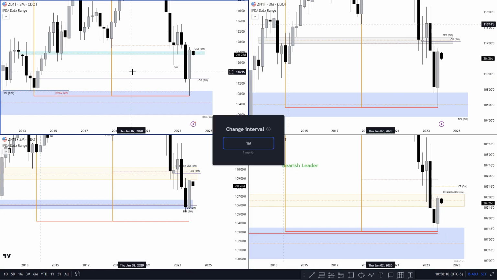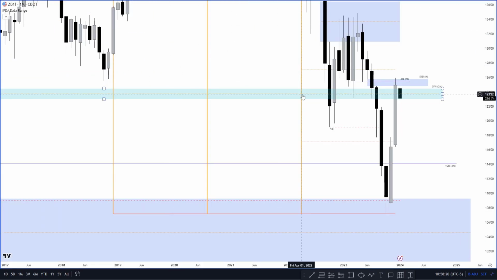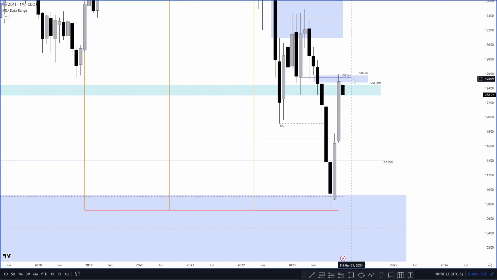Moving into the monthly chart, we can isolate the 30-year bonds and notice the converging monthly bearish order block here and monthly CISI that's right above this 3-month CISI. I see this as a beautiful rejection point for a short-term high to form here. We even closed below this bearish order block.